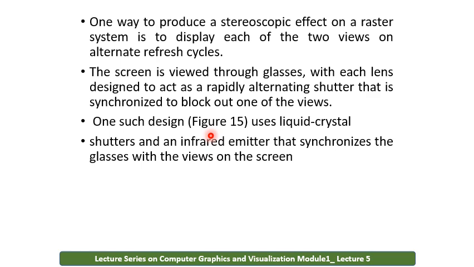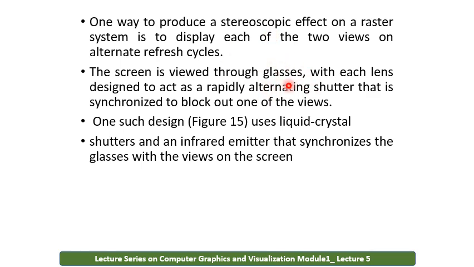One way to produce a stereoscopic effect on a raster system is to display each of the two views on alternate refresh cycles. The alternate refresh cycles can be viewed on the screen with the help of glasses. We have just discussed the type of glasses we use to view the screen in three dimensions.